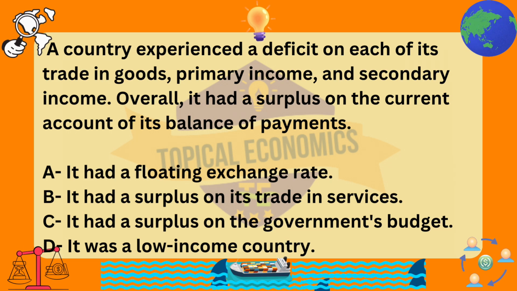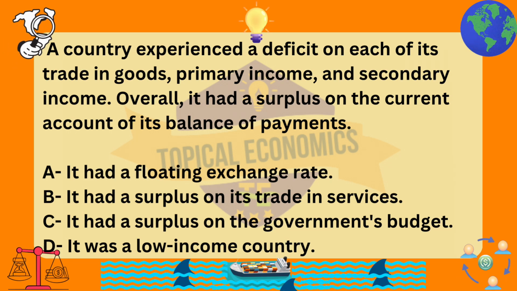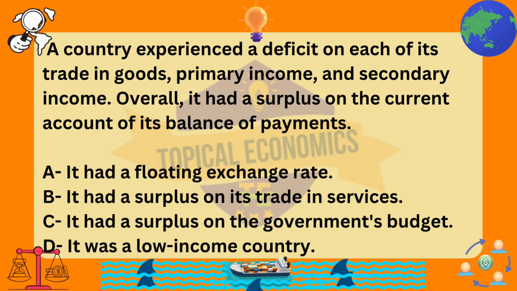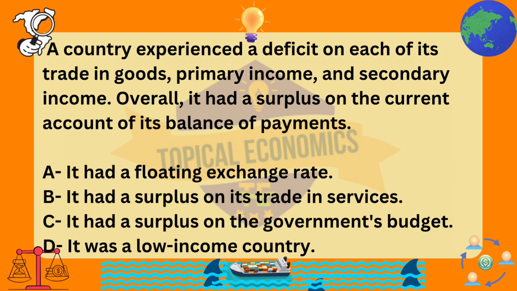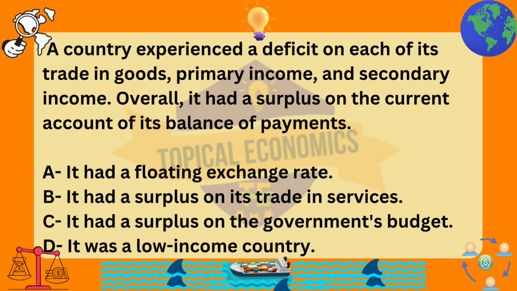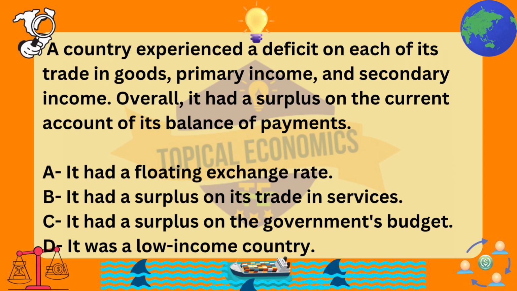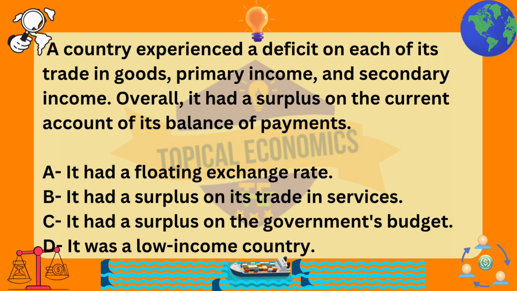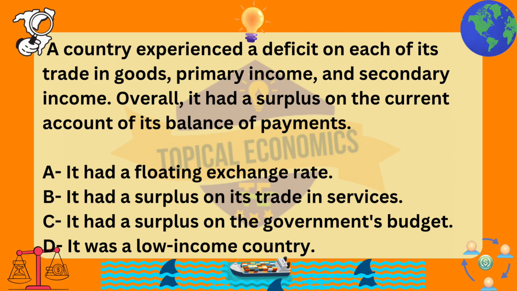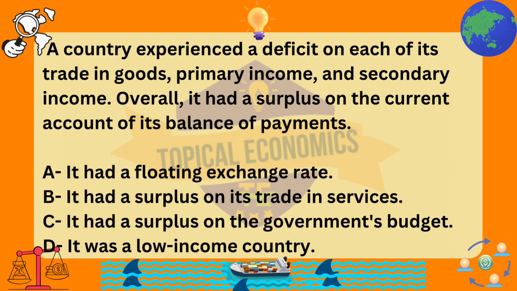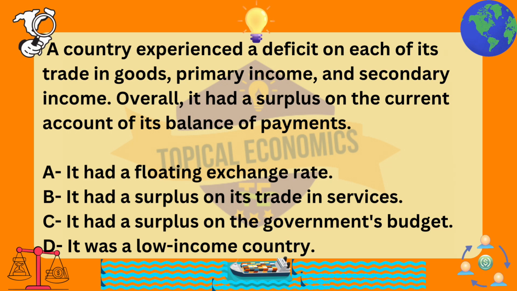For a country to have an overall surplus on its current account while experiencing deficits in its trade in goods, primary income, and secondary income, it must have a surplus in one of the other components of the current account. The current account consists of four main components: trade in goods, trade in services, primary income, such as dividends and interest, and secondary income, such as remittances and foreign aid.